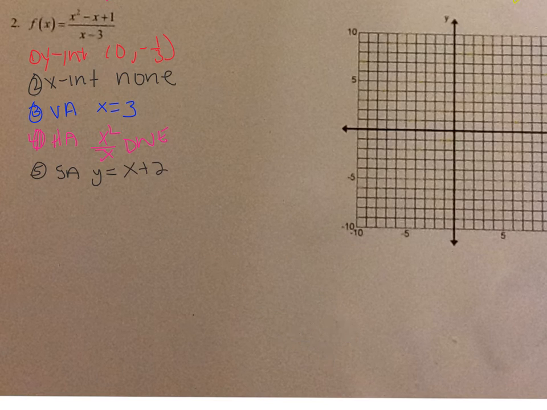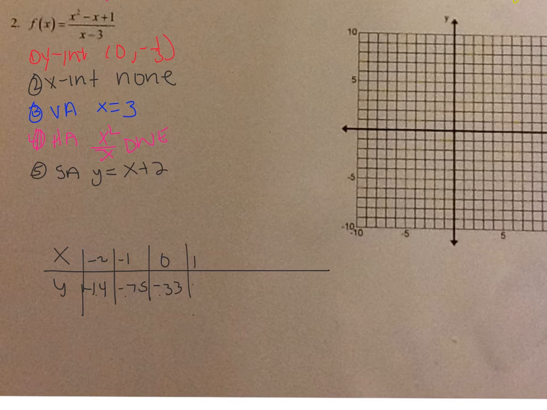Now I need to get some points so that I can plot them. So I have x, y. I'm going to use the points negative 2, which is negative 1.4. Negative 1, which is negative 0.75. 0 is negative 0.33. 1 is negative 0.5. 2 is negative 3. 3 is the asymptote, so I have 4 is 13.